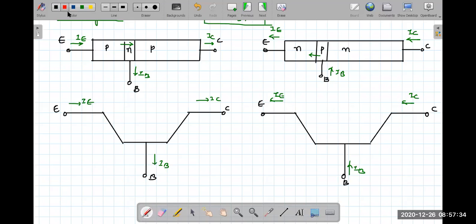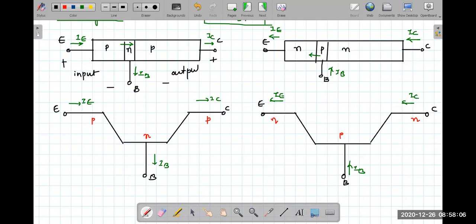Now, how to remember this? You see, this is P, this is N, this is P, this is N. The thing is, we always have to talk about the emitter base junction, because that is considered the input, whereas this is considered the output.